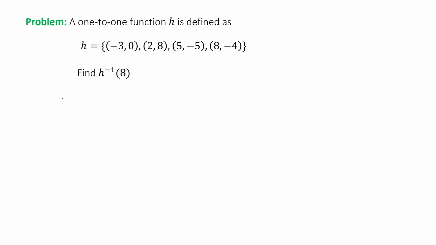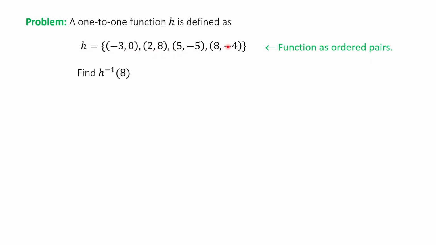Now we are going to do this problem. A one-to-one function h is defined as h is equal to this. You need to find h inverse of 8. Here the function h is given as ordered pairs.